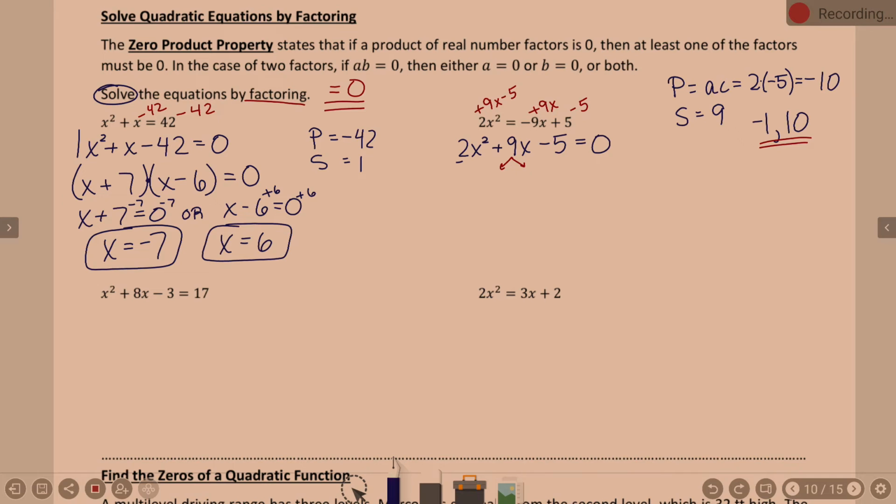Your choice. It doesn't matter. I'm going to say minus 1x plus 10x. Your first and last terms carry down. So I'm carrying down 2x squared. I'm carrying down minus 5. And since we're solving an equation, we're going to carry down that equals 0 because we don't want to lose it and forget that we're solving.